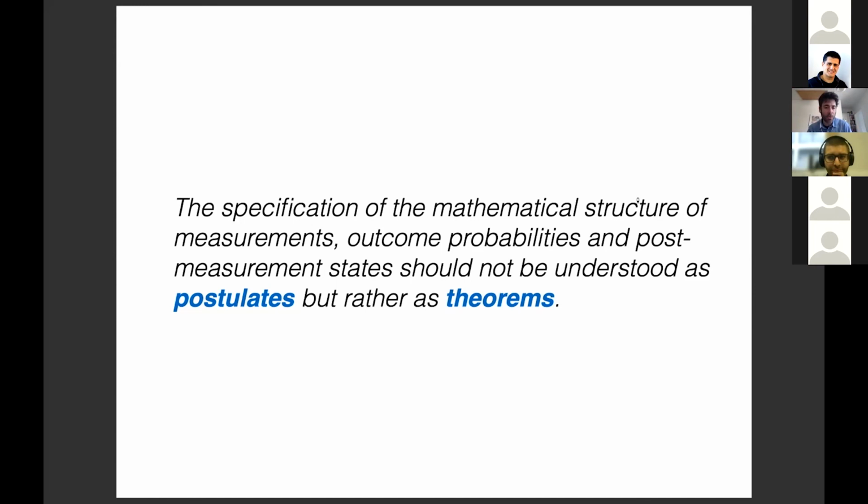QBism also, as you say, takes this agent point of view, and I suppose that they are going to assume that the way you partition a system into subsystems, which is a subjective choice, is at least not given by the theory. If it's not given by the theory, it means that you can do it in any way you like, so this should not change probabilities. I'm not an expert on QBism, but I think that they are going to be very happy with these conditions. Yeah, exactly. I also see an overlap.